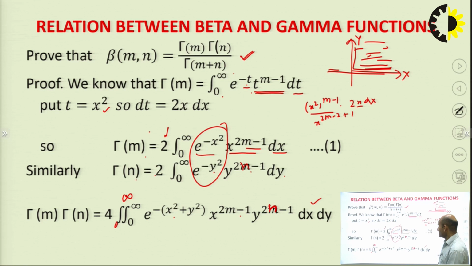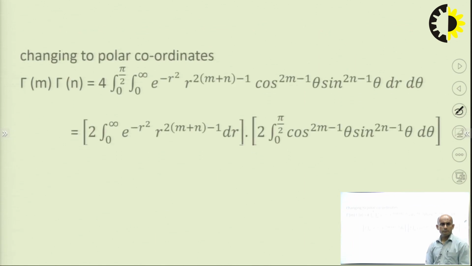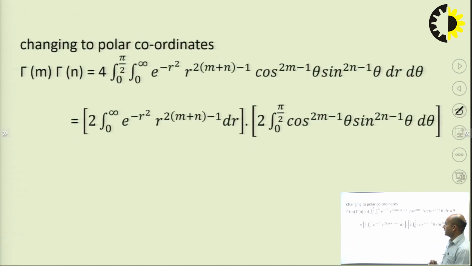The same goes for y, on the upper side there is no limit boundary. So we have the limits of x and y as 0 to infinity, and we have the complete first quadrant for this integration. If we convert into polar form, then we have gamma m and gamma n equal to this integration.